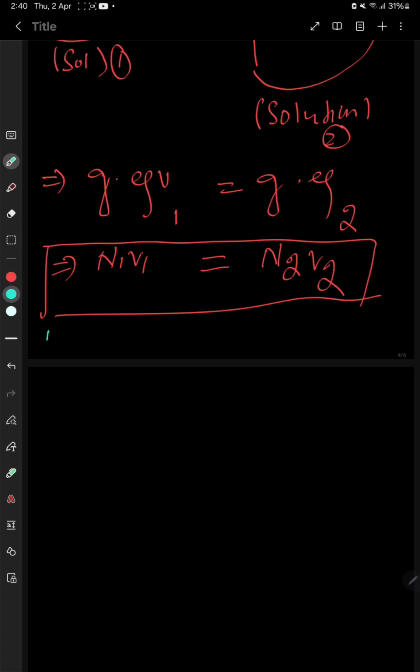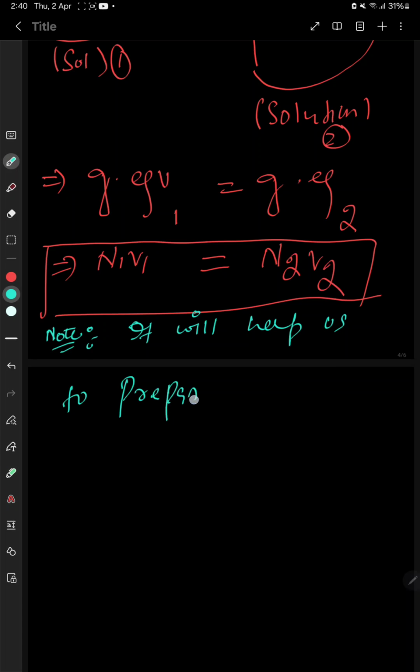This equation, we can note it down. It will help us to prepare the solution of a desired normality.